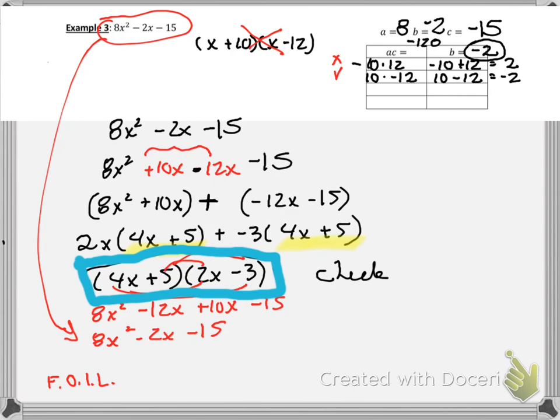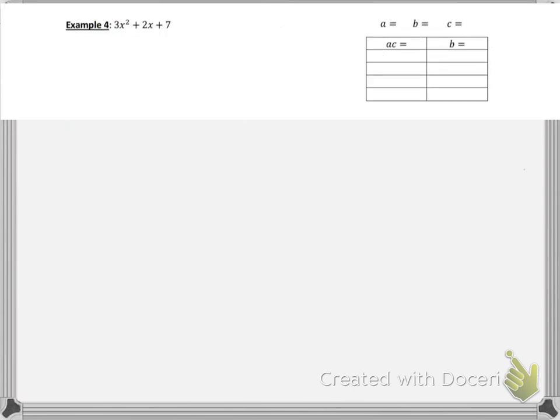All right, let's do one more example. So we have 3x squared plus 2x plus 7. So the first thing you have to do, always ask yourself, what is the GCF? In this case, I'm pretty sure the GCF is 1. But again, you always want to look at that, or else you're going to end up making more work for yourself. Since the GCF is 1, we ask ourselves, how many terms does this have?